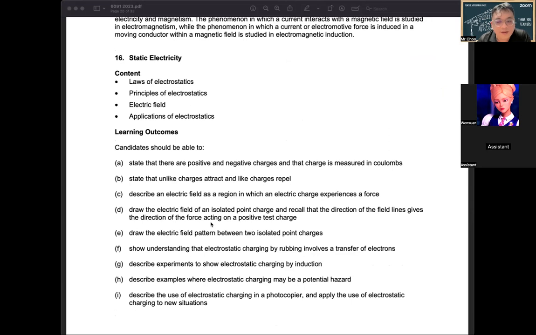Down here did not mention charges. Charge itself, the short form is Q, and charge is measured in coulombs. The SI unit is capital C. So what is 1 coulomb? Do you know what 1 coulomb is?